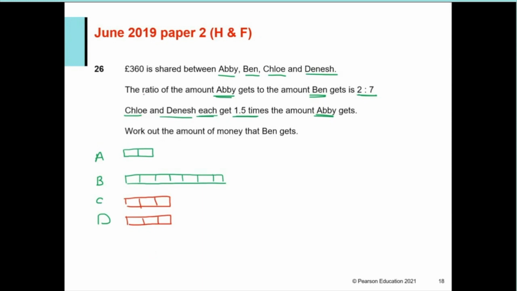So I've drawn all of that information, and then £360 is shared. So all of those boxes represent 360. Now, what's the calculation? I can just count up the boxes. I've got 360 shared between 15 boxes, which is 24.